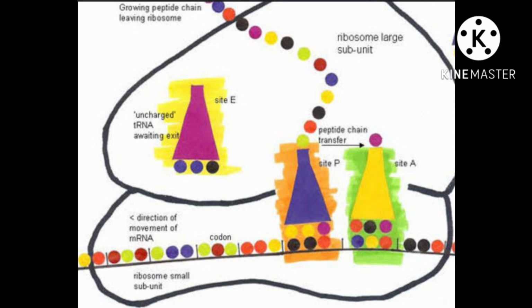One tRNA receives the amino acids and mRNA, and sends it to the other tRNA. The other tRNA receives it, and the particular tRNA comes out with the amino acids and forms a chain-like structure which is going to synthesize the proteins.